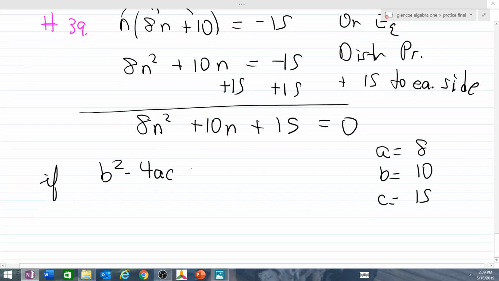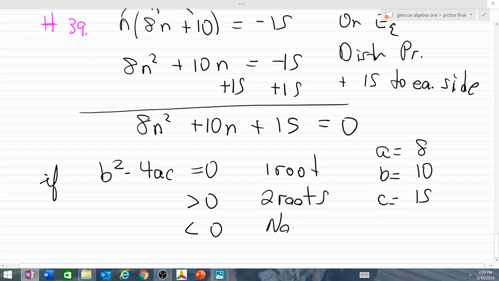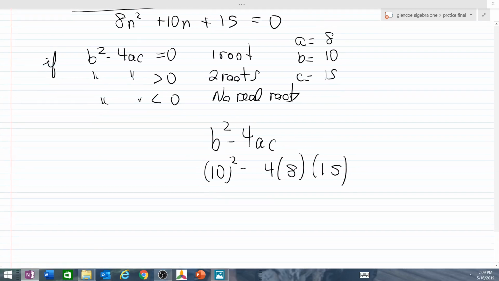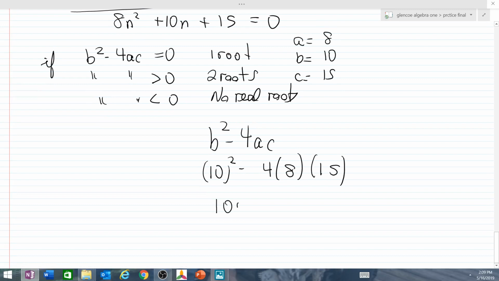If b squared minus 4ac equals 0, there is one root. If b squared minus 4ac is greater than 0, there are two roots. And if b squared minus 4ac is less than 0, there are no real roots. Y'all remember this now? Okay, so let's see what happens when we plug it in. b squared minus 4ac would be 10 squared minus 4 times 8 times 15. 10 squared is what? 100.